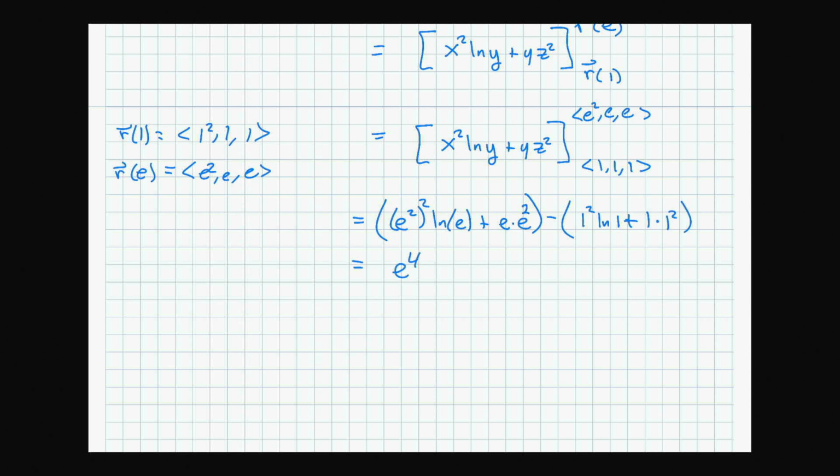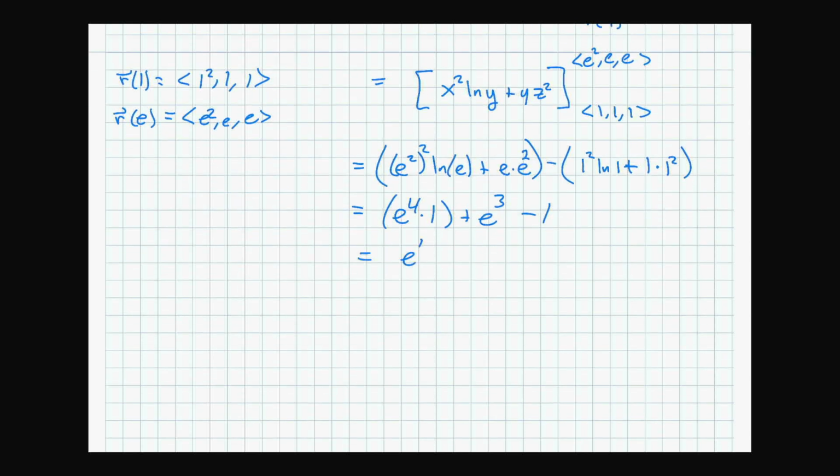This is e to the fourth. Ln e is 1, plus e times e squared is e to the 3. Ln 1 is 0, so this is 0, so minus 0. And then plus 1, but it's minus plus 1. So it is e to the fourth plus e to the 3 minus 1.